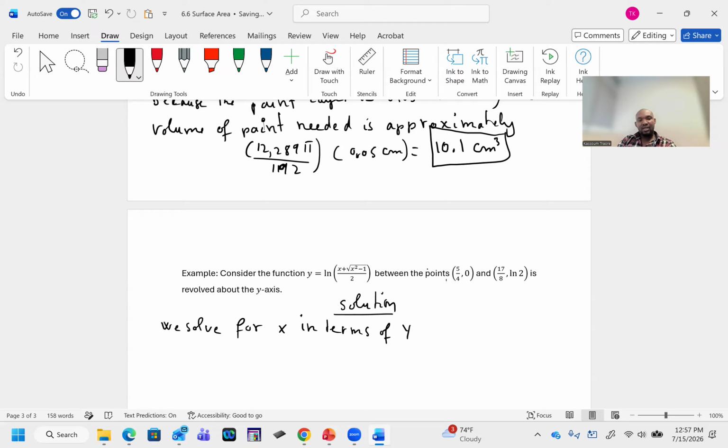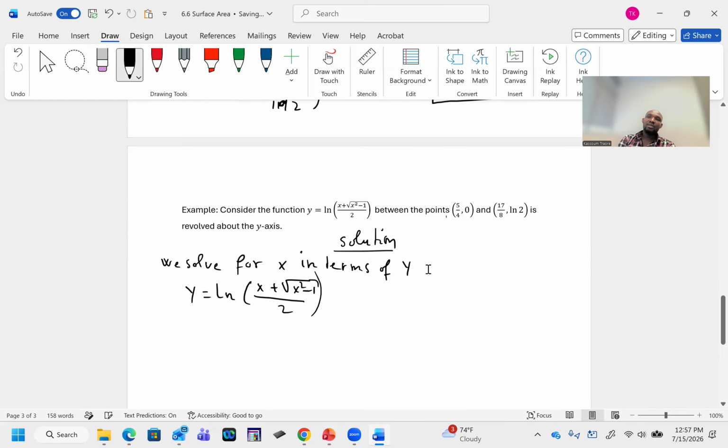So again, we have what? y is equal to ln of x plus square root of x squared minus 1, divided by 2.